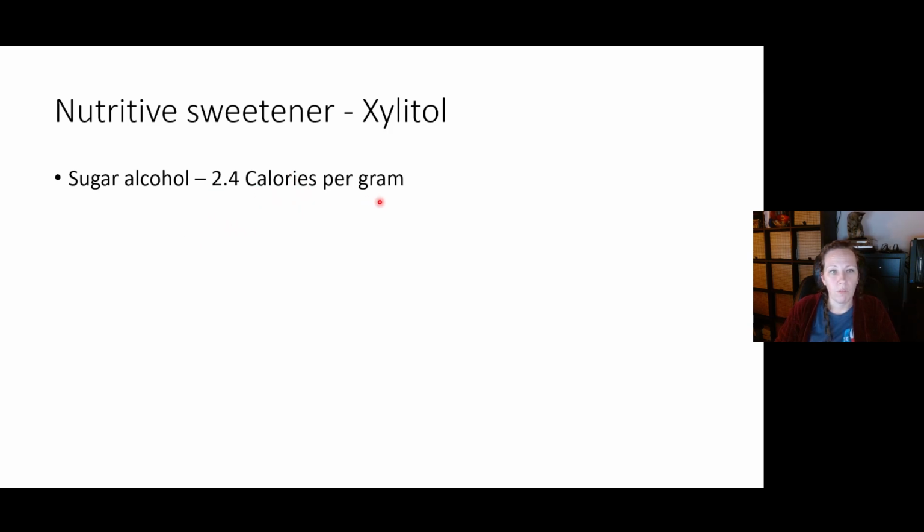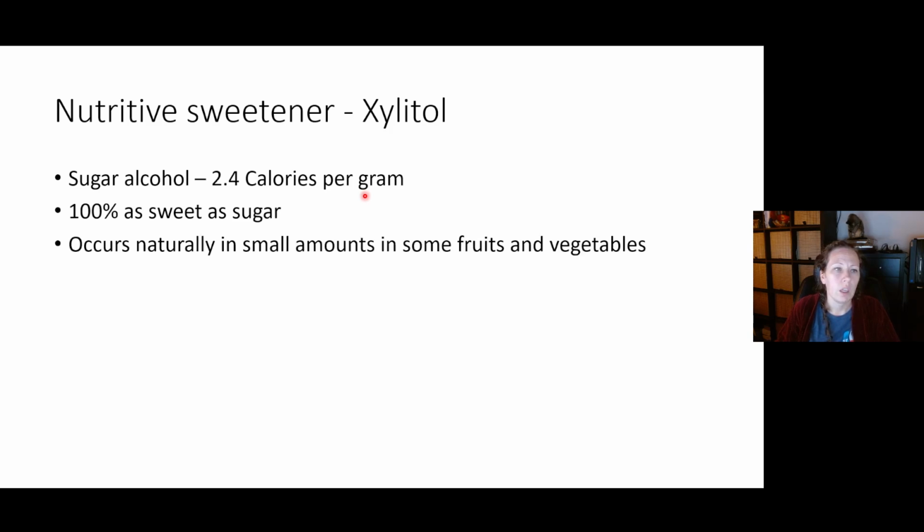And it has 2.4 calories per gram, so kind of similar to sorbitol. However, it is 100% as sweet as sugar, so we can still maintain the lower calories and have the same sweetness when we use xylitol. It occurs naturally in small amounts in some fruits and vegetables, and actually the sorbitol and mannitol do too.